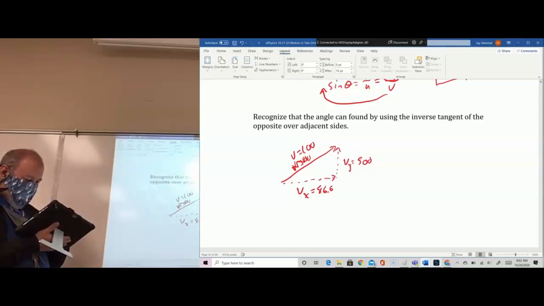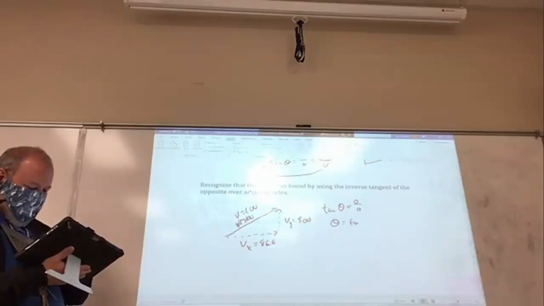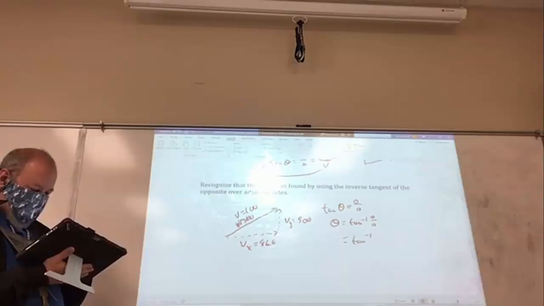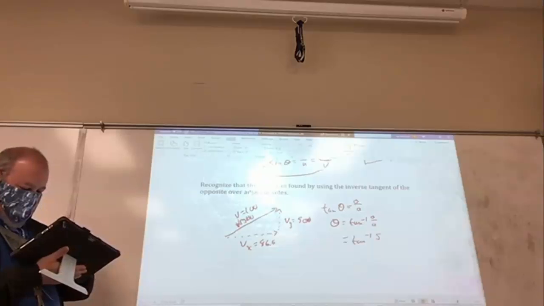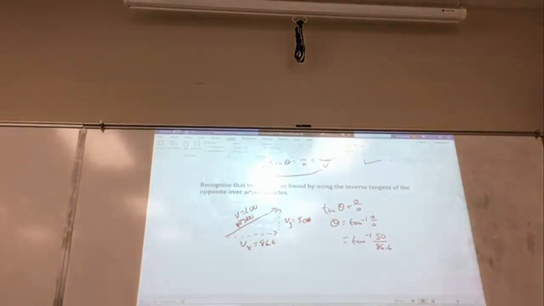So if I want, I could find that tangent of theta equals opposite over adjacent, and theta equals the inverse tangent of 50, not 500, 50 over 86.6. And that should give us 30 degrees. Is that what you got? Mm-hmm. Okay, good. Equals 30 degrees.